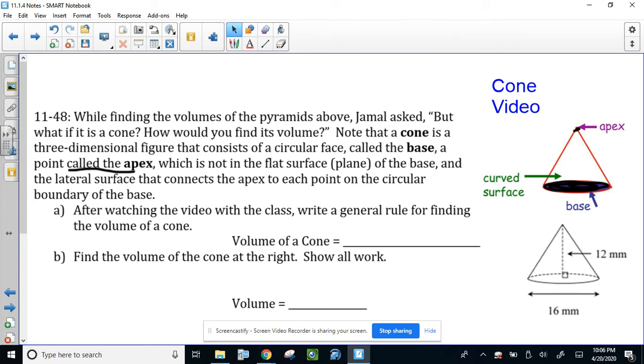So if we were thinking about how to find the volume of a cone, kind of trying to take a guess as to how this would relate to pyramids, hopefully this YouTube video will come up. Let's see here. We're not going to watch all of the video either, so apparently my internet's working a little slow right now.